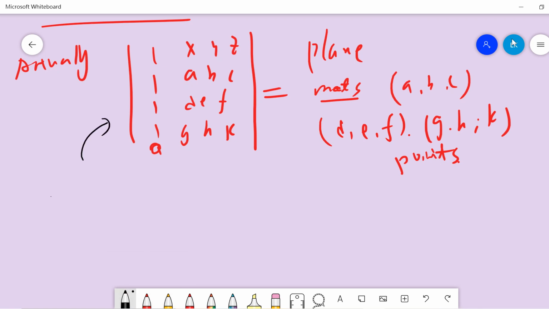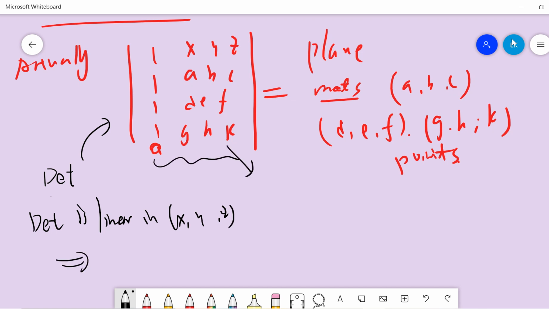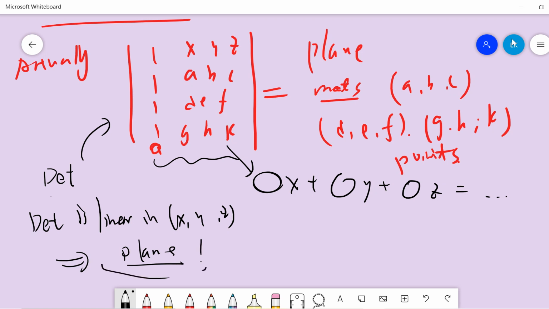Basically this is the determinant, and the determinant is linear in x, y, and z. Once you know that, you know the expansion must be something times x, something times y, something times z. So this tells you that this must be a plane.